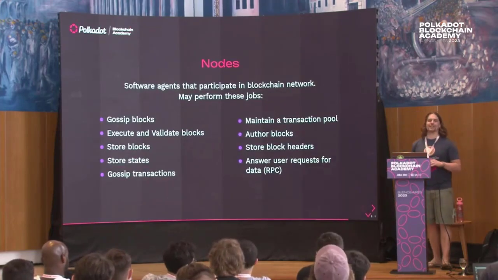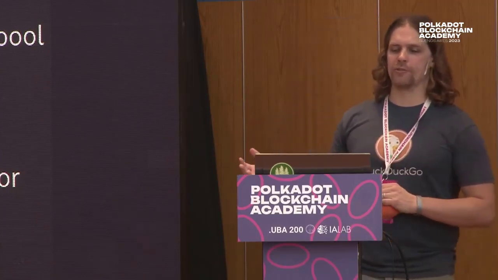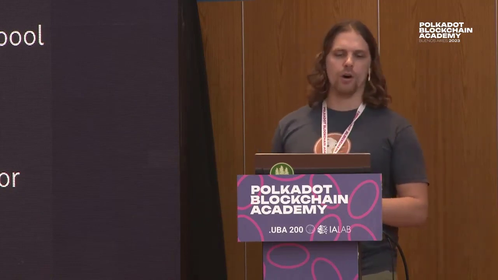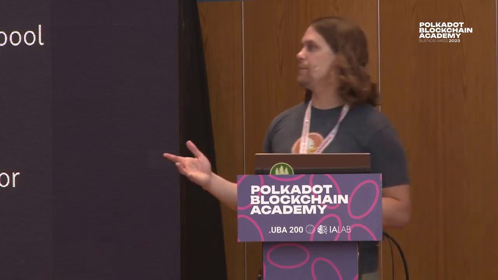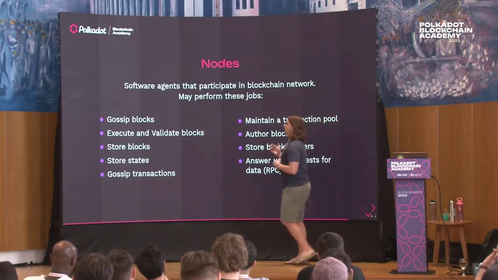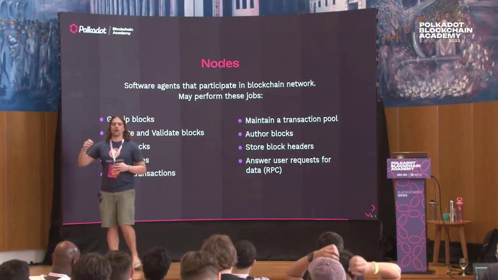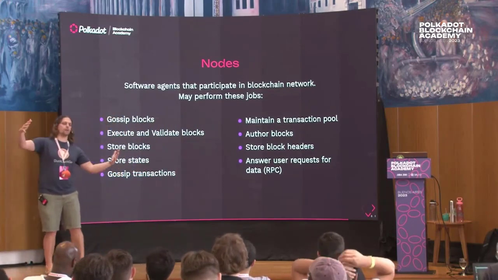Okay, nodes. We talked about nodes a good amount, but I'll just make sure I don't miss any points here. A node is a software agent, a piece of software that you run on your computer, and it participates in the blockchain network. There's a whole bunch of different jobs that it might perform. We talked about gossiping blocks. One node will author a block and send it out to the network.